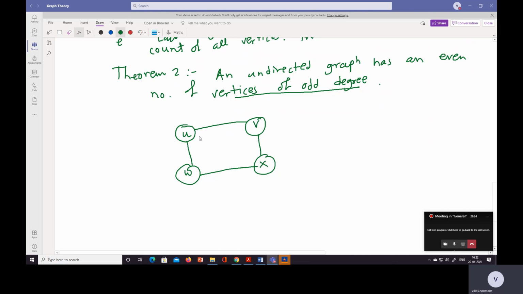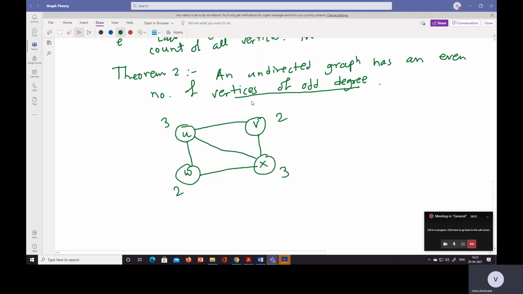Okay, but suppose we add one edge to this graph, then try to find out. So the degree of u is now 3, the degree of x is 3, the degree of w is 2, and the degree of v is 2. An undirected graph has an even number of vertices of odd degree.